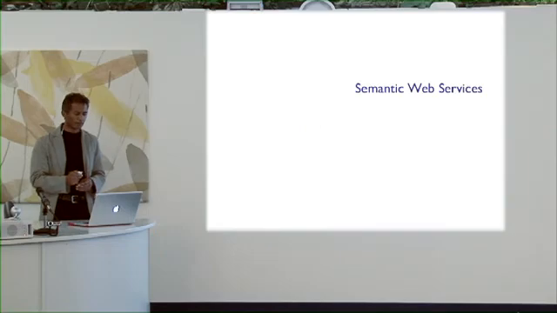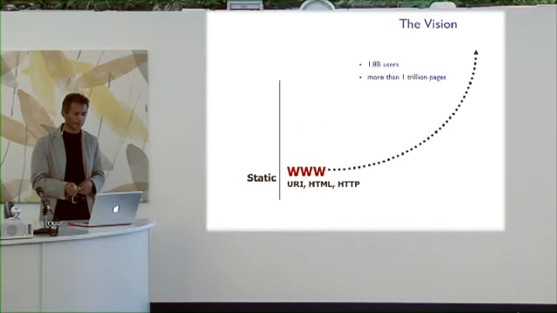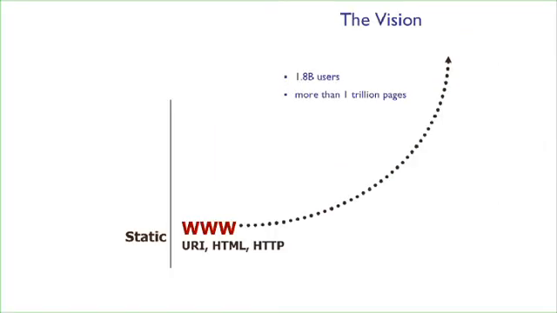Now let me lastly talk about the combination of these two, so semantic web services. So pulling the various items that I've talked about before, we can come up with this vision. So the overall vision is we have the static web, where we have nearly 2 billion users now, and we have over 1 trillion pages or web resources, with tens of millions added per day.